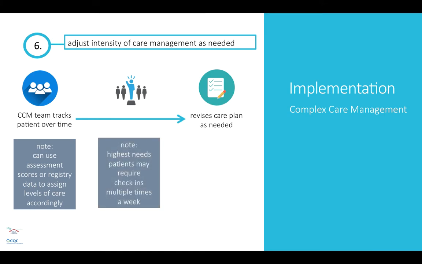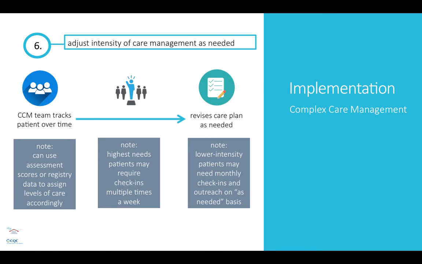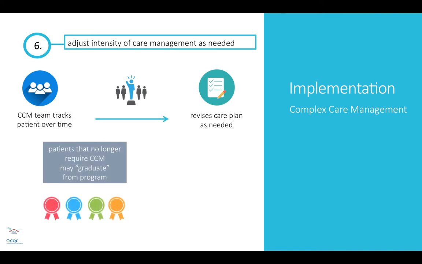Highest needs patients may require check-ins multiple times a week, while lower intensity patients may need check-ins monthly or may reach out to the team for support as needed. Patients that no longer require complex care management may graduate from the program.